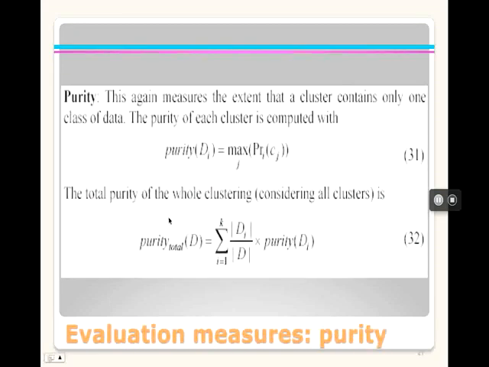The purity is just the opposite, a complement of the entropy: purity on the level of each cluster, and then the purity as a total, over the total number of documents, with the purity for each document multiplied in, giving the total for the whole document set. And here you decide if a purity of 90% for all the documents that I clustered is good enough for me, so that I would say these clusters are working fine.